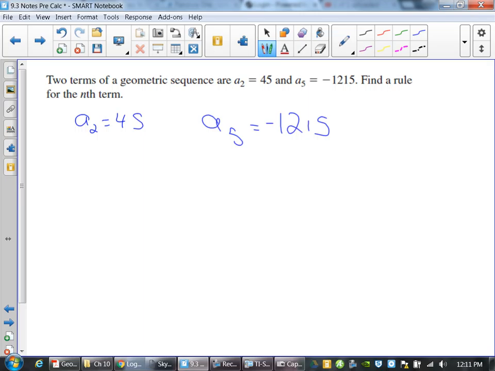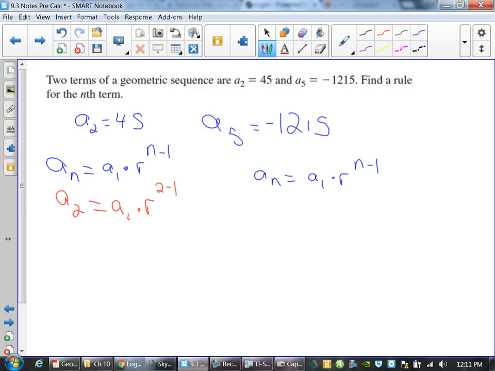So we know that the second term is 45, the 5th term is negative 1215. We're going to set it up and write them independently as an nth rule. Your nth rule is your first term times rate to the n minus 1. Fill in the blanks of what you know. I know that the second term is first term times r to the 2 minus 1.